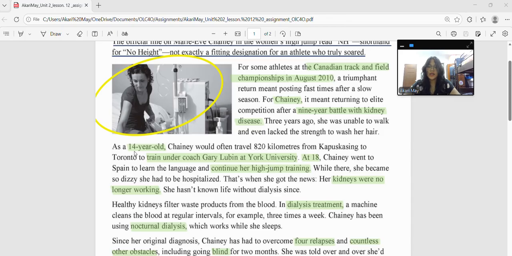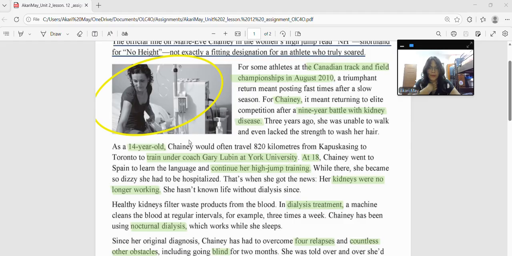And then another thing I think is standing out is ages of someone or the characters of the story. If there is a time, if there is a year, or if there is an age of the characters, I think they're standing out to me. So that's why I've highlighted this: 14 years old, and then trained under Coach Gary Lubin at York University.